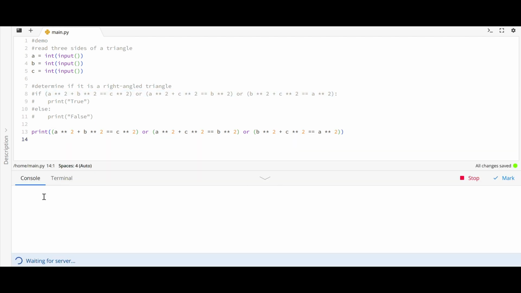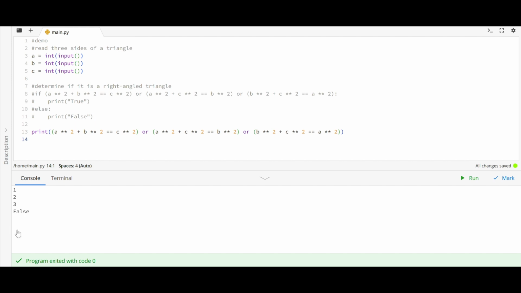We're going to use the same case here, 3, 4, and 5, and it returns true. And let's try 1, 2, 3 again. 1, 2, 3, and it returns false.